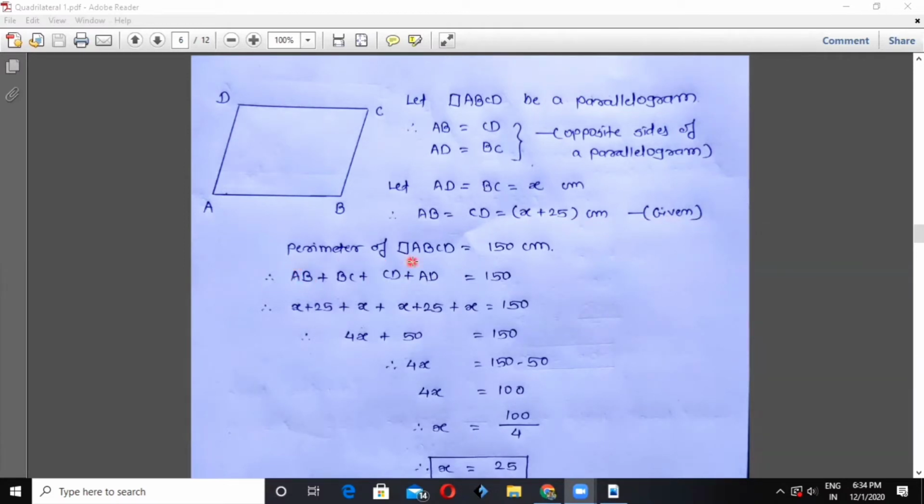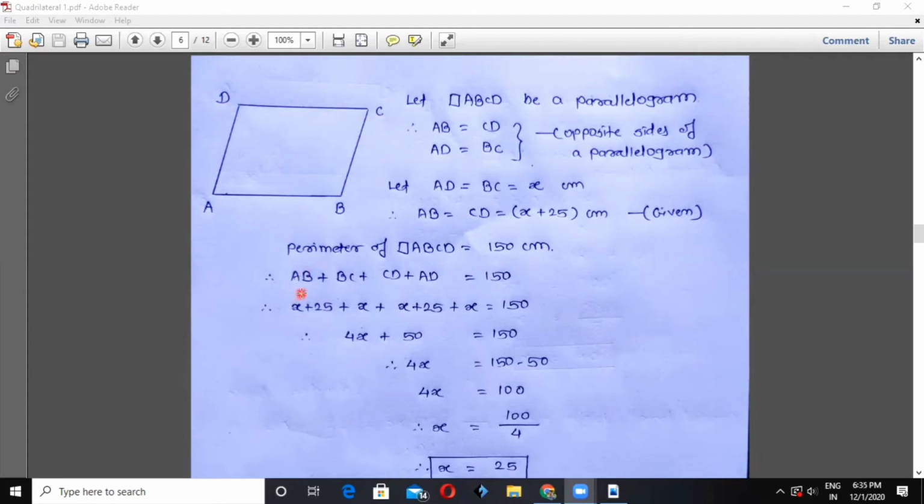Now as the perimeter of quadrilateral ABCD is given to be 150 centimeter, we know that perimeter of any diagram means sum of lengths of all of its sides. So for a quadrilateral, there are 4 sides. It is AB, BC, CD and AD.